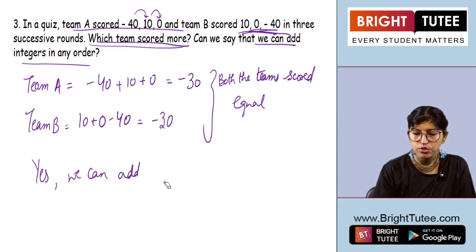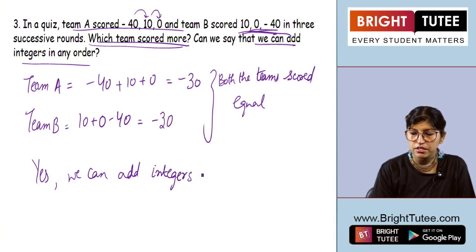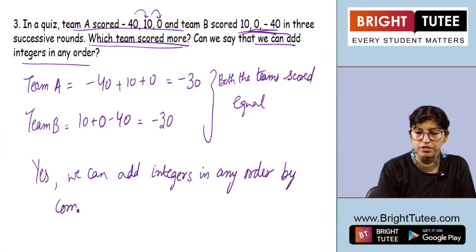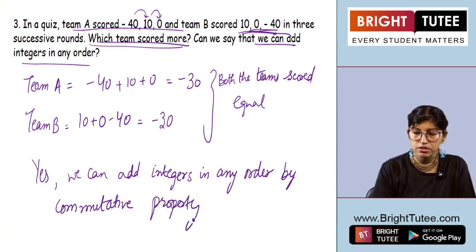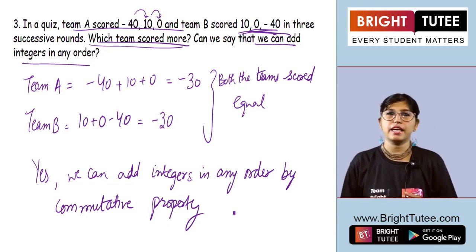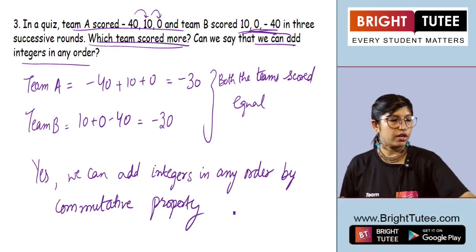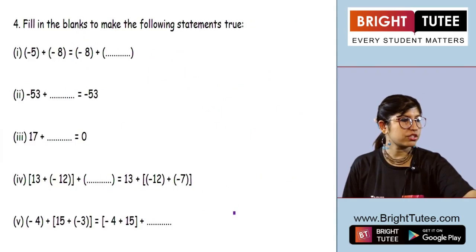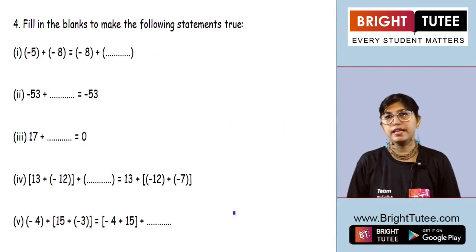Which property can we use for doing it? By commutative property. We've discussed it in detail. Commutative property says this only: if we interchange the order, the final sum will be exactly same.